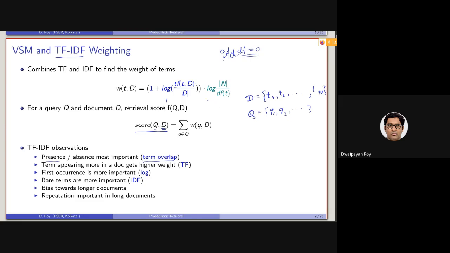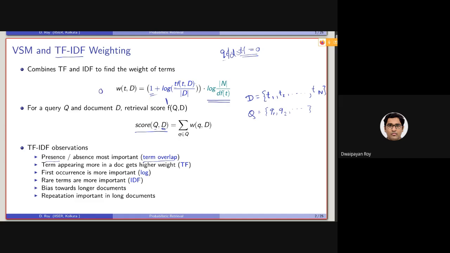This smoothing can be considered as the IDF smoothing here, or the collection smoothing. In that case, we will be considering the occurrence of 0 occurrences as 1 due to this. But in general, for the time being, if the term is absent in the document, we can directly consider a 0 weight.